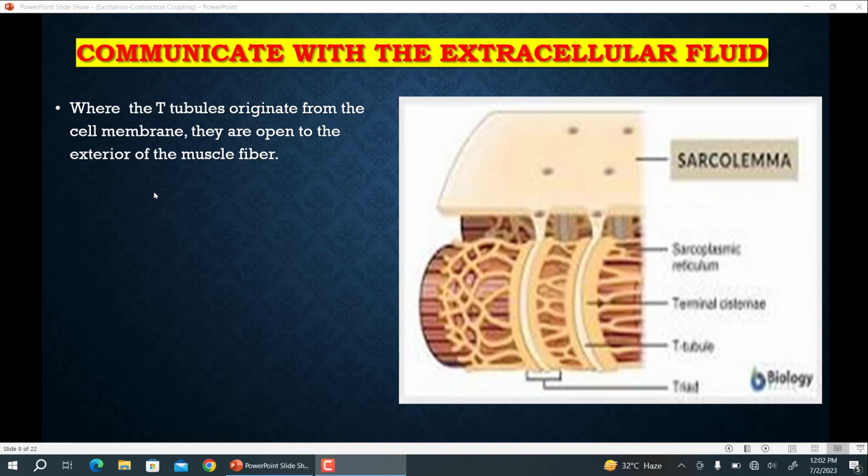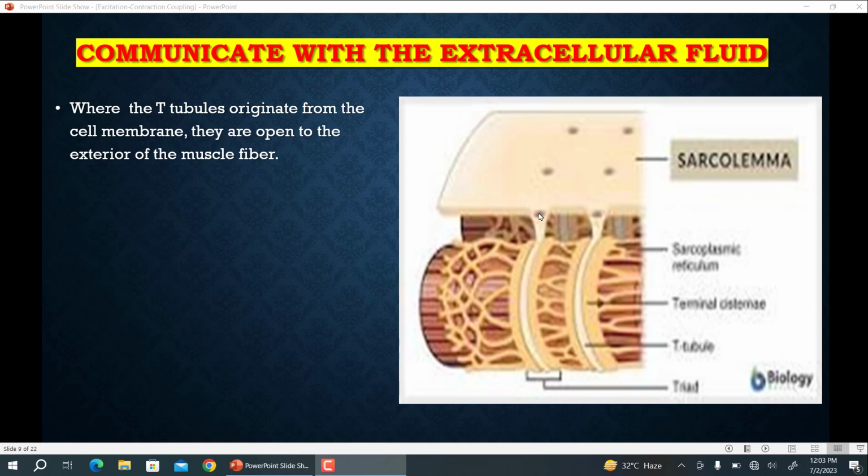Where the T-tubules originate from the cell membrane, they are open to the exterior of the muscle fiber. This is the muscle fiber. It is covered by the sarcolemma, and from the sarcolemma the T-tubules originate.